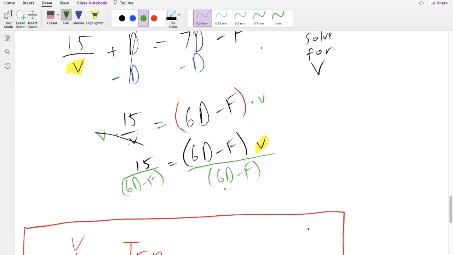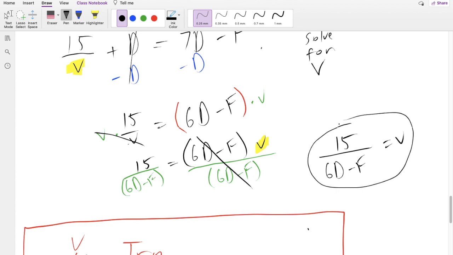Because if you look at the right side, this whole parentheses is the same in the numerator and the denominator, and anything divided by itself is 1. So that's just going to cancel, and I'm left with 15 over 6d minus f equals v. There's nothing I can do on this left side anymore. There's no multiplication, nothing I could add. So I'm done. This is the final answer.